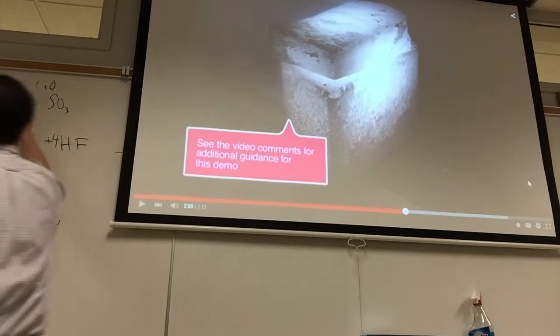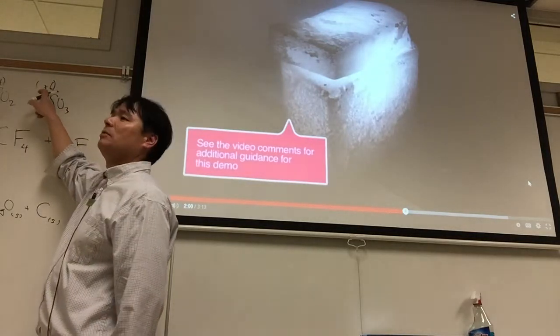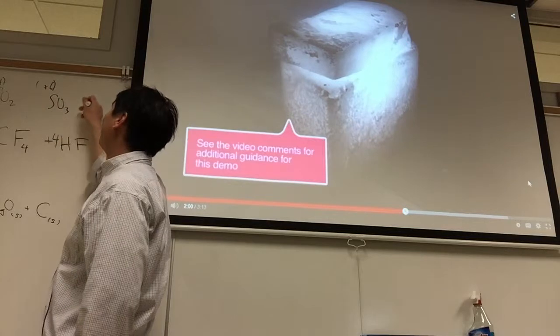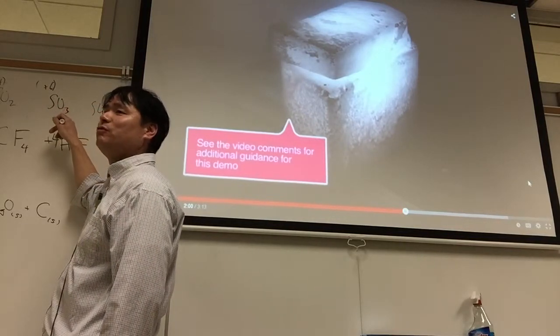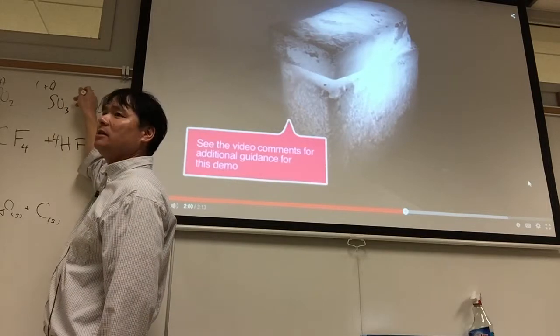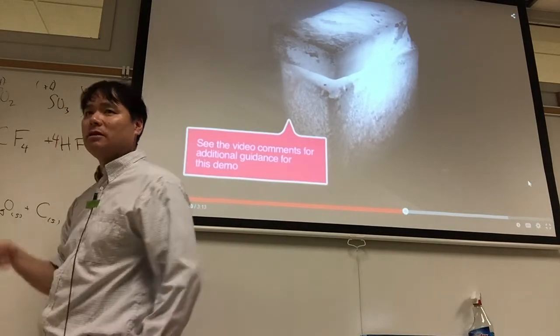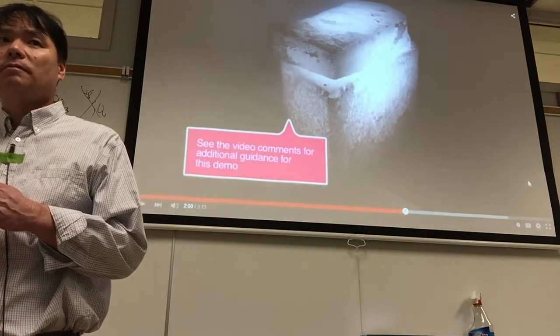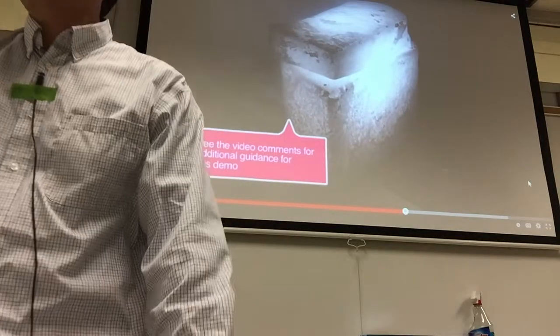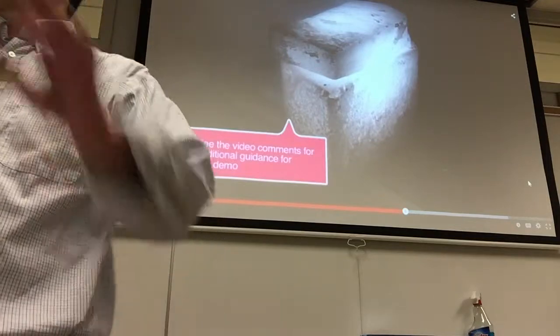But over here, sure, we could go to SO3 because that's +6, right? How about SO4? No, we wouldn't go to SO4 because that would be +8. That's not going to happen because that's going to take what kind of electrons? Core electrons. Do you guys remember the ionization energies? Valence electrons versus core electrons.